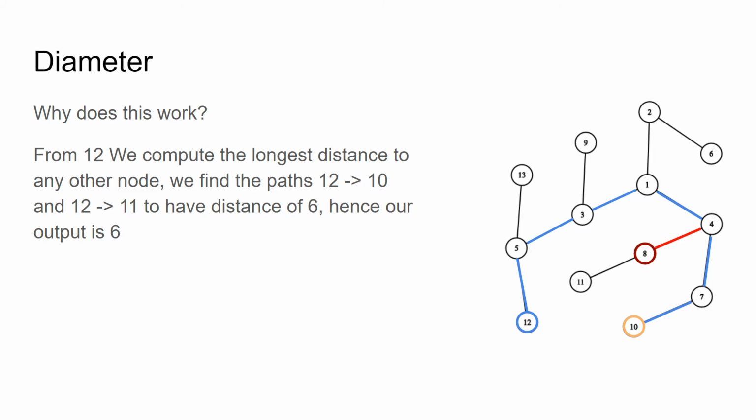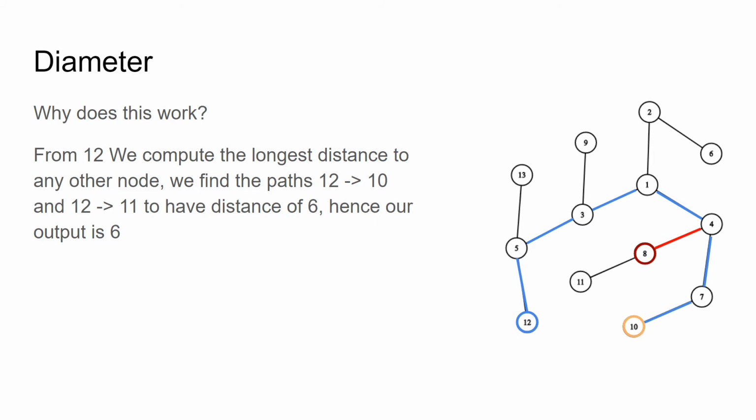So we started off by selecting 8, then we select 12 from our search to the furthest node from 8, and then from 12, the furthest node from 12 is actually another 2 nodes, which would be 11 and 10. So the distance between 12 and 10, we're going to select 10 arbitrarily here again, is 6, and our diameter is 6. So this is an example of the algorithm in action.